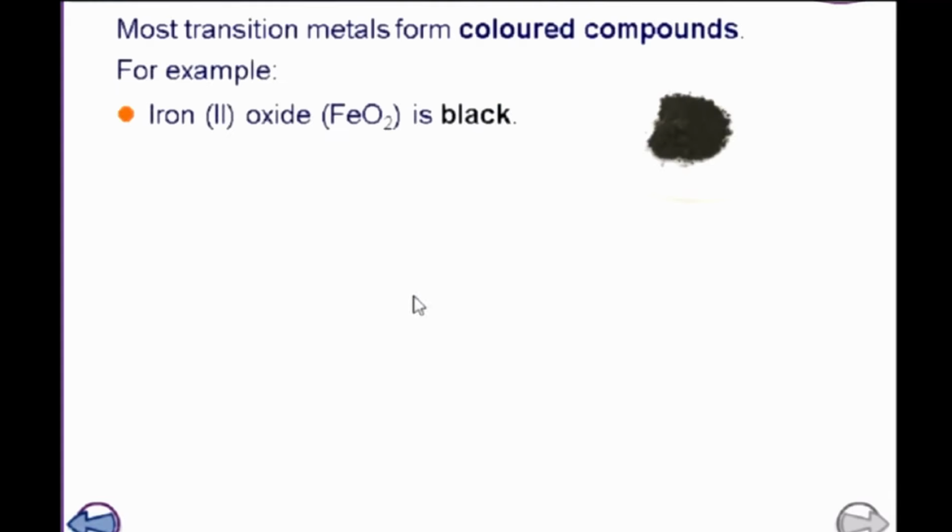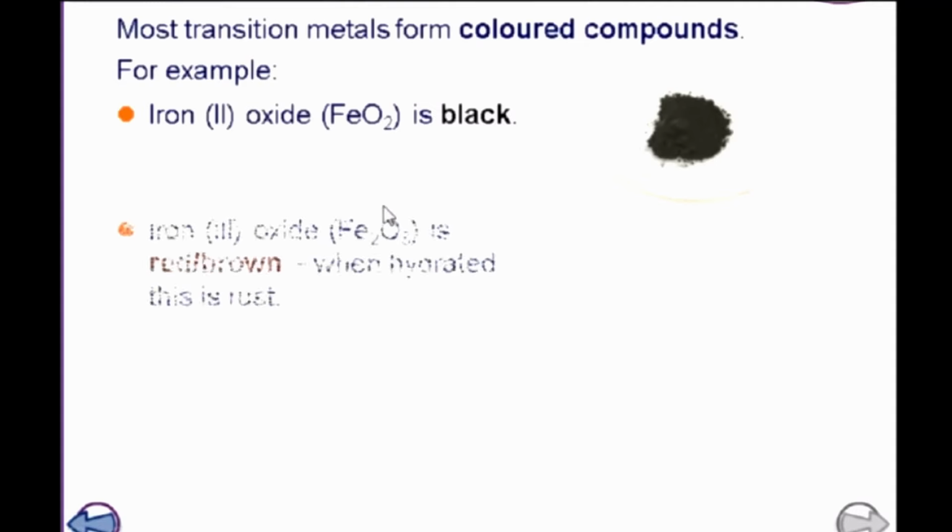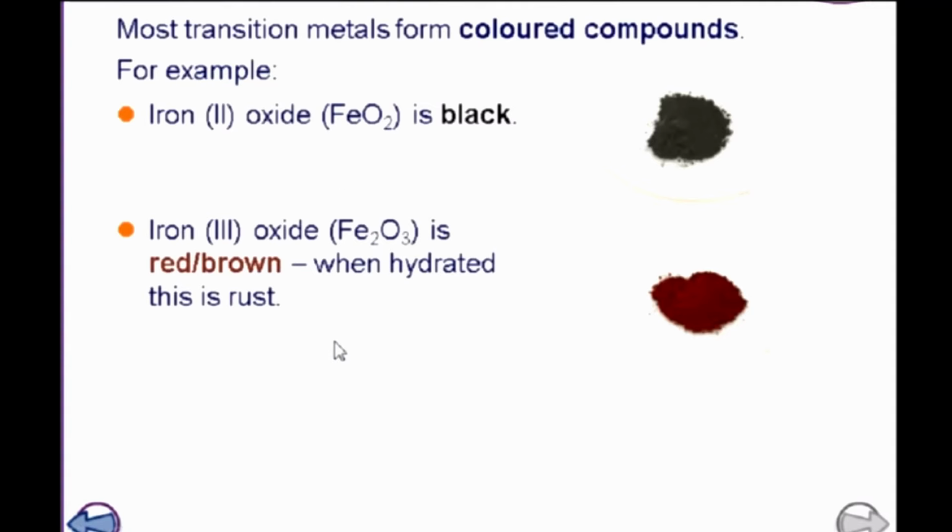Now, most transition metals form colored compounds. Most of them will have colored compounds. For example, iron 2 oxide, FeO, is black. Then we have iron 3 oxide.